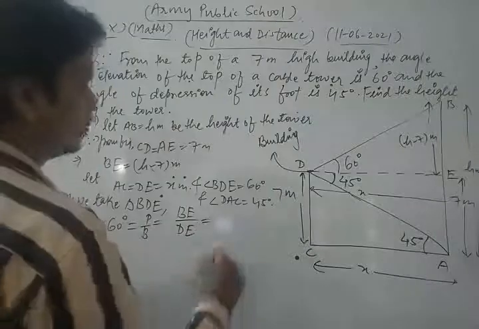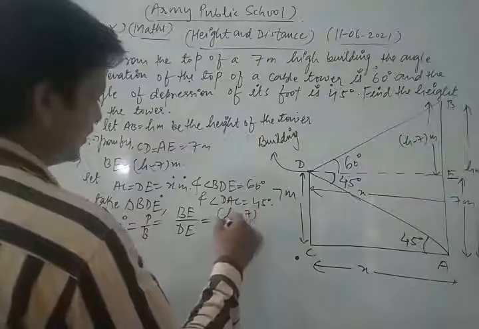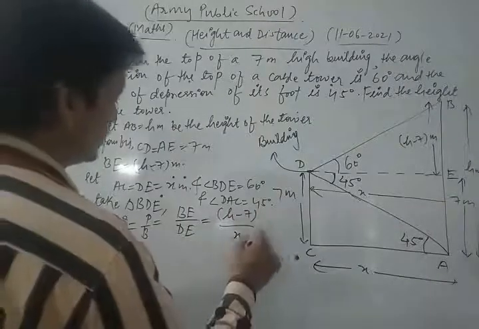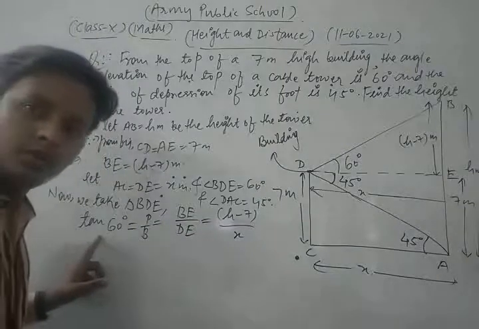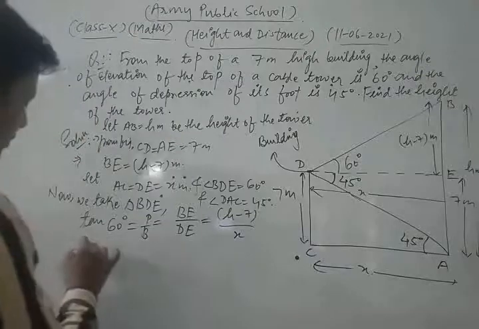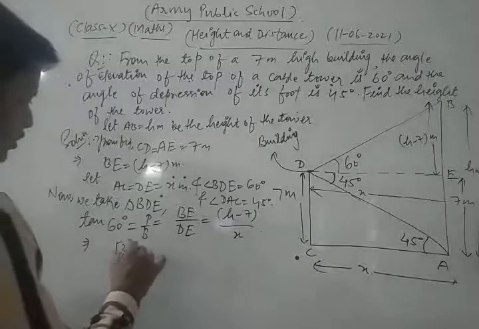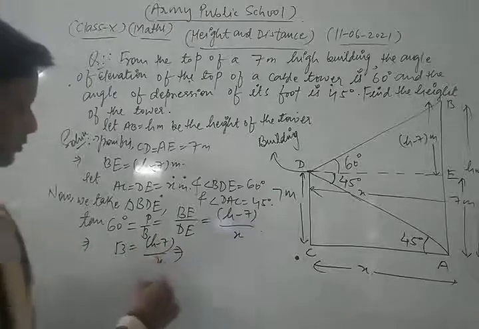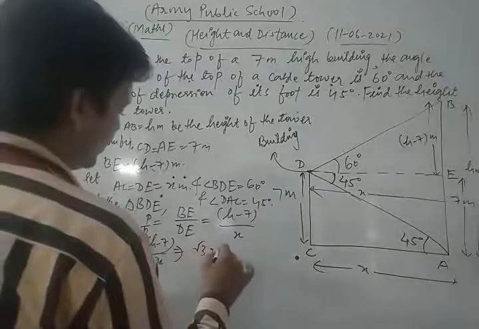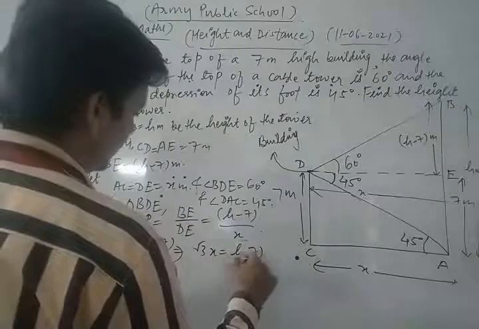Now BE is equal to H minus 7 and DE is equal to X. And we know that the value of tan 60 degree is under root 3. So here we put under root 3 is equal to H minus 7 upon X. Now we do cross multiplication. So under root 3 into X is equal to H minus 7.